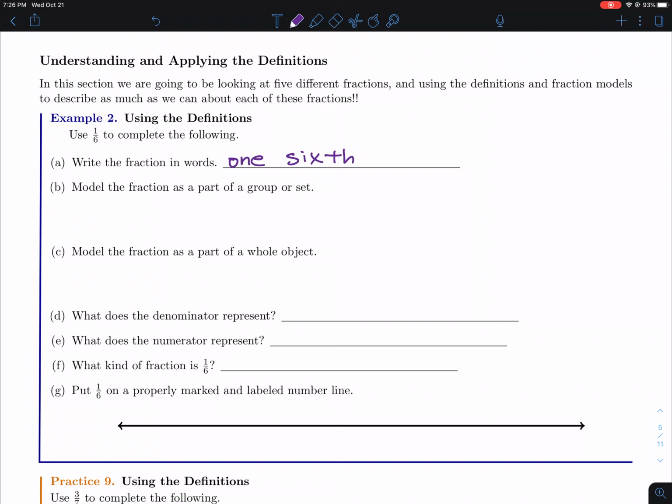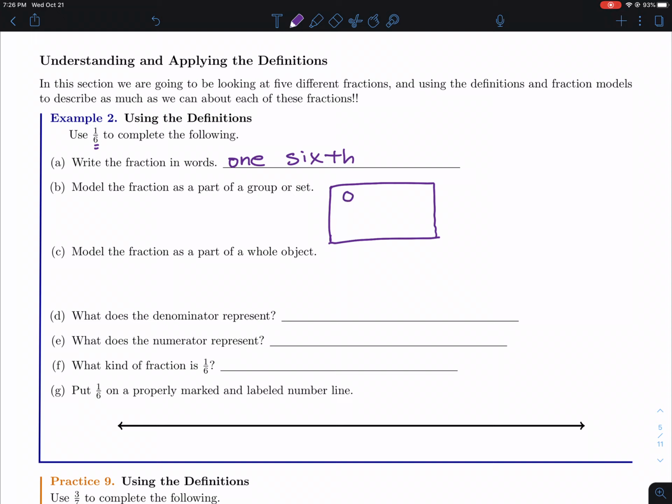Next, it wants us to model the fraction as a set. Since our bottom number is 6, we need to have 6 circles inside. So let me do that first. The way I'm going to represent them, if they're an open circle, then they just are a placeholder. And if they're colored in, then that's how many parts we actually have.